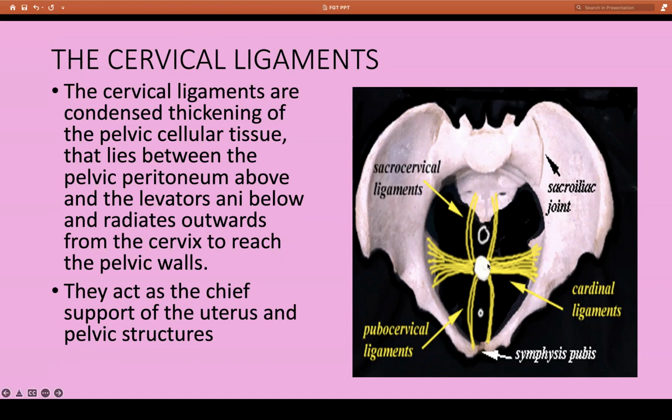It is bound anteriorly by the pubocervical ligament, the pubocervical fascia that condenses to make the pubocervical ligament. It attaches posteriorly to the sacrum by the uterosacral ligament, and laterally to the pelvic wall by the transverse or cardinal ligament, which has another name, Mackenrodt's ligament.